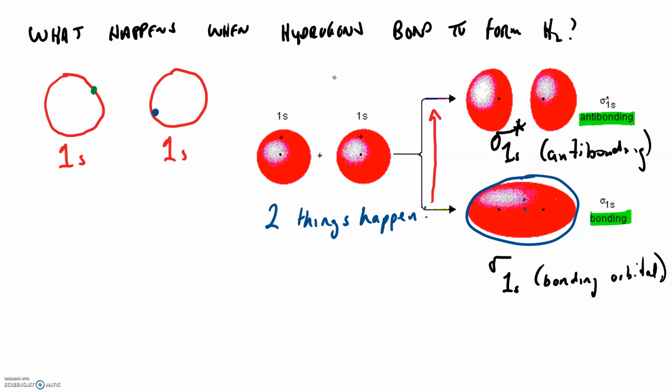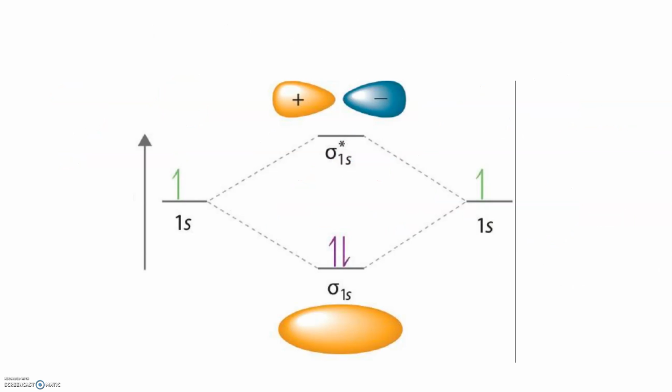Now, how does this work to promote bond order? How does this work to make a stable situation between two hydrogen atoms? All right, this is called a molecular orbital diagram. This arrow is energy. And the higher up in energy, the harder it is for this to form.